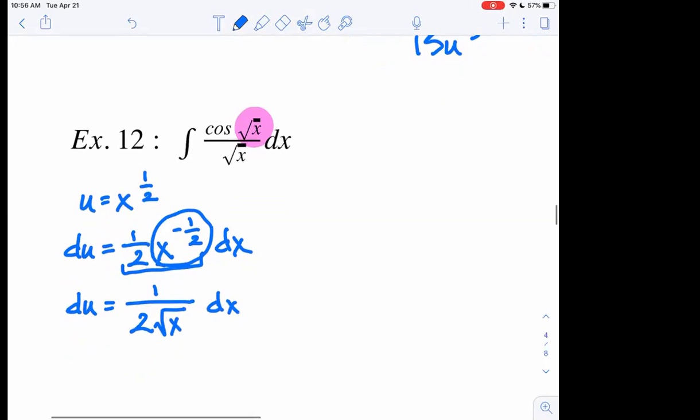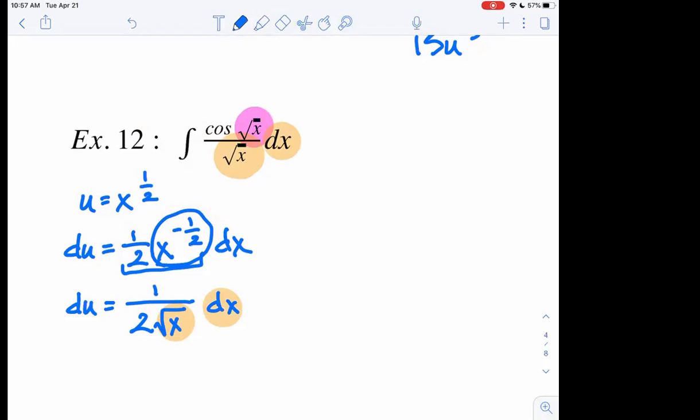Now the key here is that the square root of x on the bottom is like this square root of x on the bottom. So that square root on the bottom is like this square root on the bottom. And then this dx is like that dx.